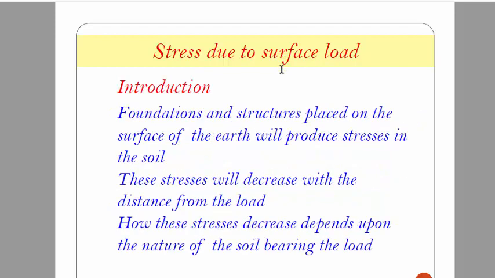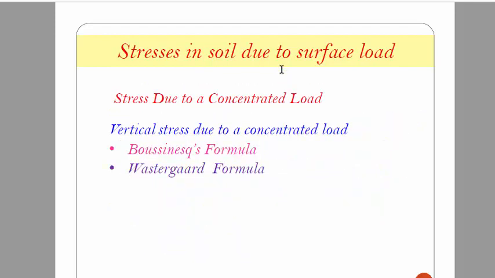The surface load is calculated by two formulas. The first one is called the Boussinesq formula and the second one is called the Westergaard formula. In the last lecture we completed the Boussinesq formula, and today we will discuss the Westergaard formula. What is the difference between them?